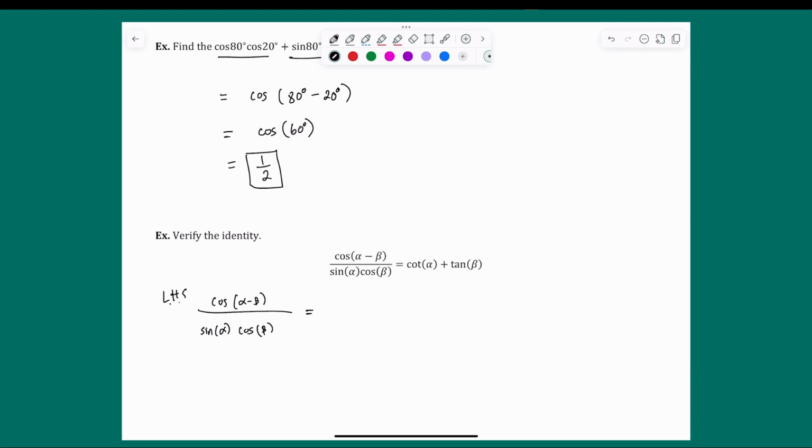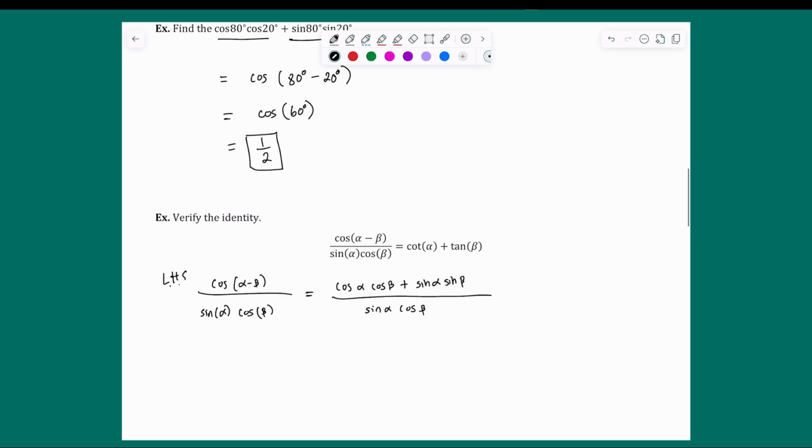Since we have a cosine of alpha minus beta, it probably makes sense to rewrite that so that we just have trig functions of alpha and beta and not a difference of alpha minus beta. So we would have cosine of alpha, cosine of beta, plus sine of alpha, sine of beta, all over sine of alpha, cosine of beta.